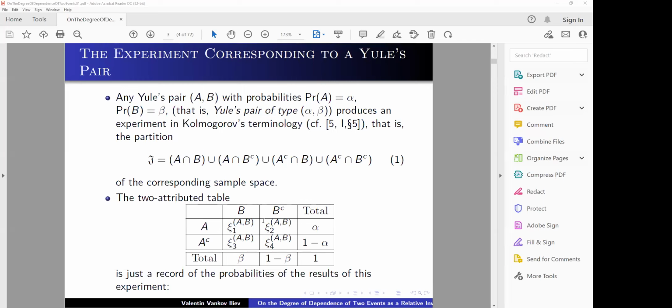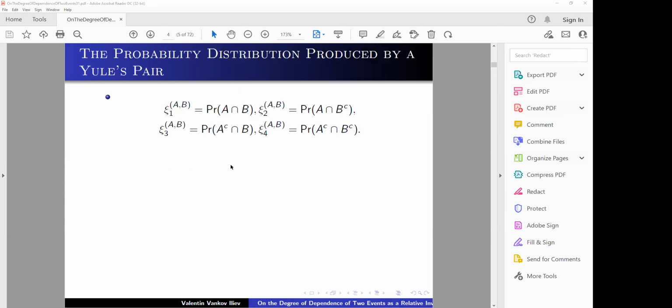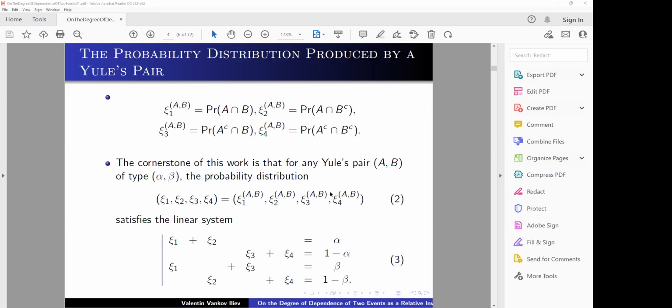So this two attributed table reflects the probability of the results of this experiment. Here, C1 is the probability of the intersection of A and B. C2 is the probability of the intersection of A and the complement of B. And similarly, this is the probability of the complement of A and B, and the complement of A and the complement of B. Here are the formal definitions.